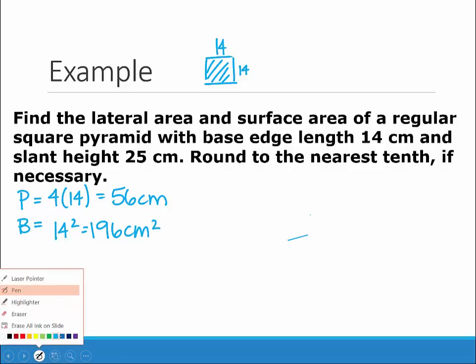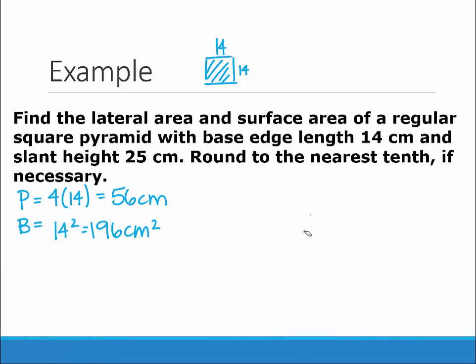Now using this information and the information they gave us, we should be able to find the lateral area and the surface area. Remember, your lateral area is 1/2 your perimeter times the slant height. So 1/2 the perimeter I just found and my slant height they gave me.